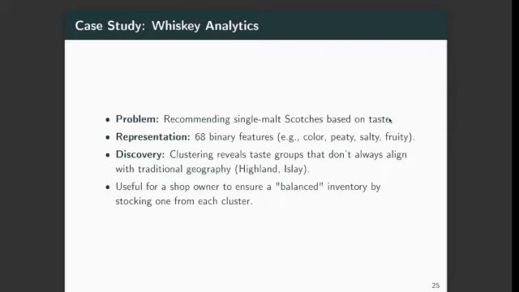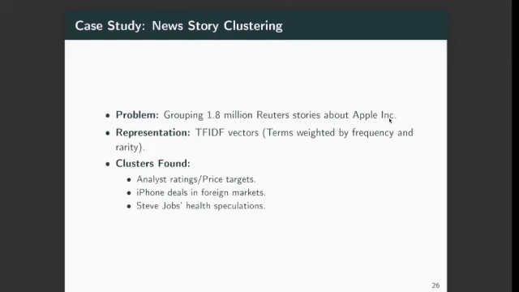I will share with you the case study together with the results and the graphs in a separate file. Another case study is news story clustering, which I will also share as a separate file.